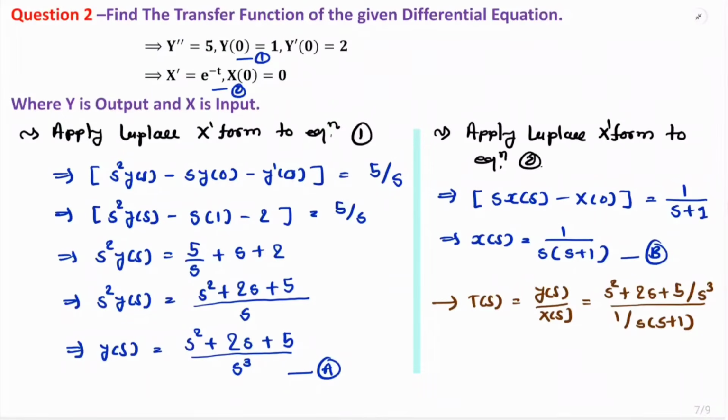Here if you carefully observe, this s and this s cube are getting cancelled. Now here we will have s square. Right. So we can simplify this.